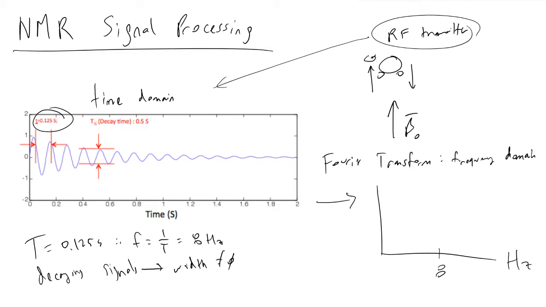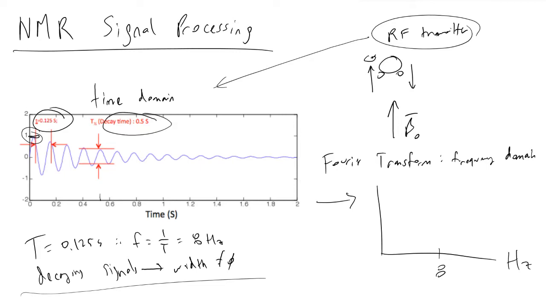And so with these decay signals, what we find is if we analyze the time it takes from the initial peak, which has an intensity of 1, to get to about half that intensity, that occurs after approximately 0.5 seconds.